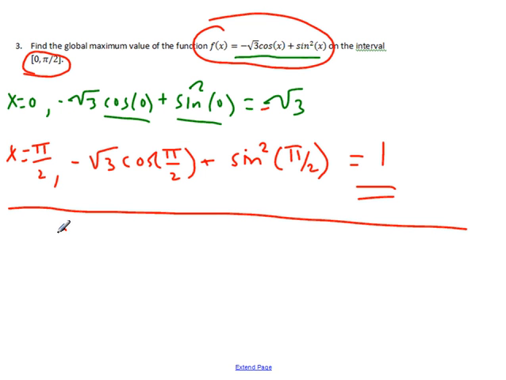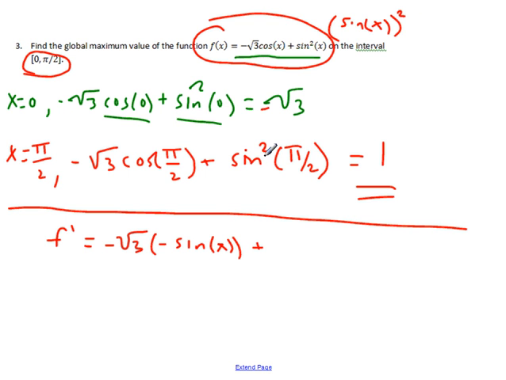So our derivative function, f prime, equals -√3 of negative sine of x plus, now we need to use the chain rule here. So let's think of this as sine of x squared.